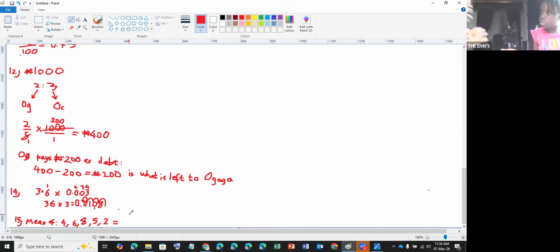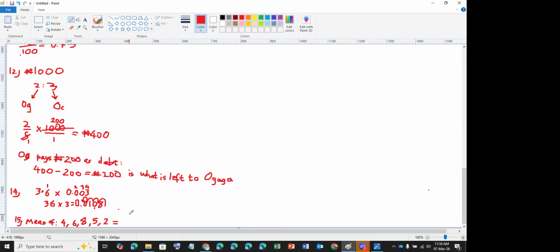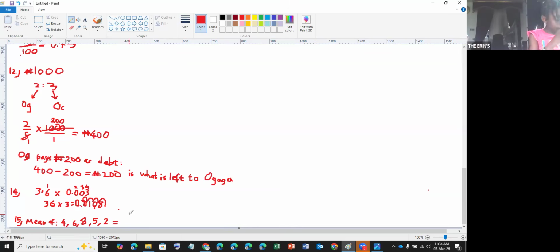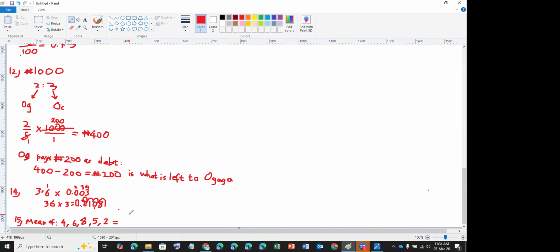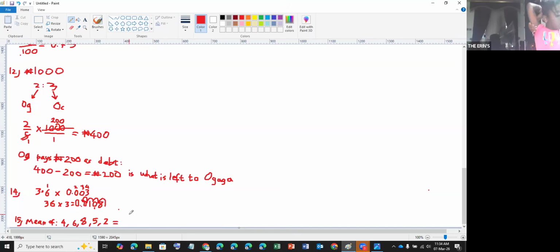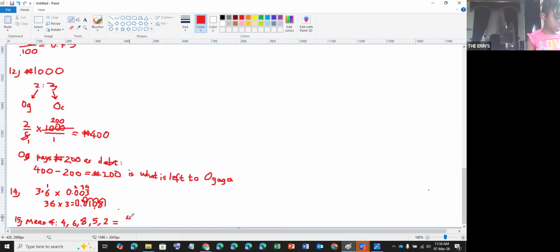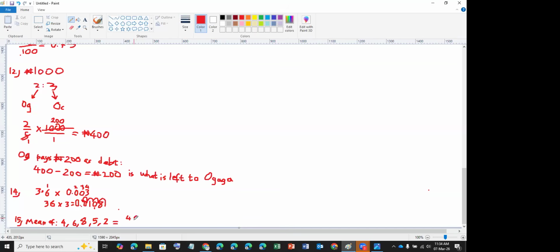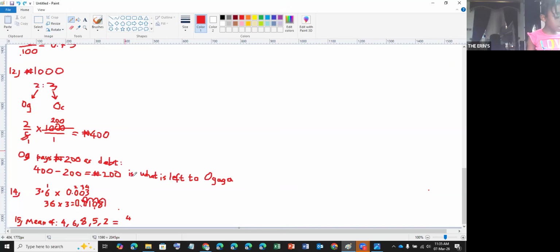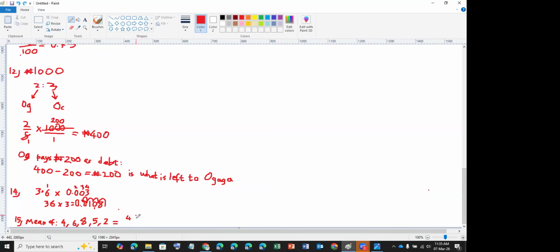How do we find the mean? We add everything and divide it by how many figures there are. So we add everything, then 25 divided by 5.